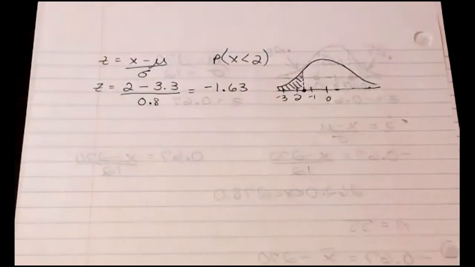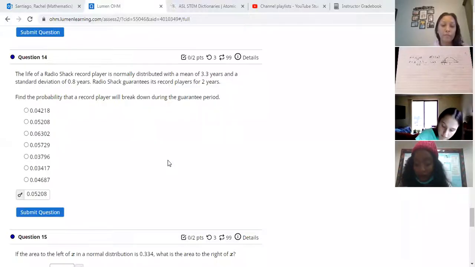So in a case like this, I would look on the negative side of my table and find where negative 1.63 is, which is 0.05155. But when you go to your actual answer choices, it's not one of them, but it's super close to this one.